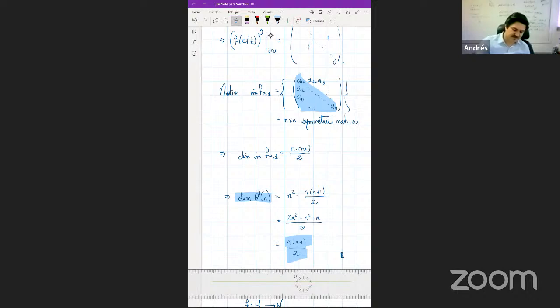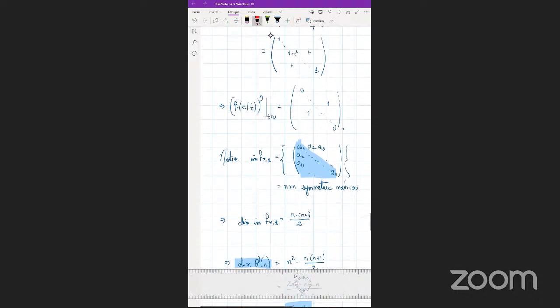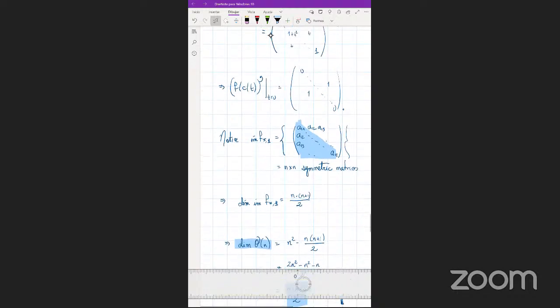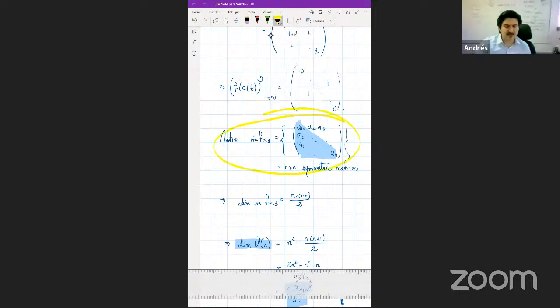Any questions? So, why was this the image of the differential? You mean here? Yep. Okay, right.